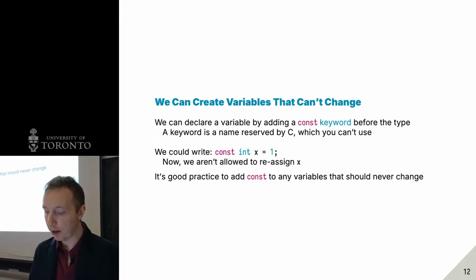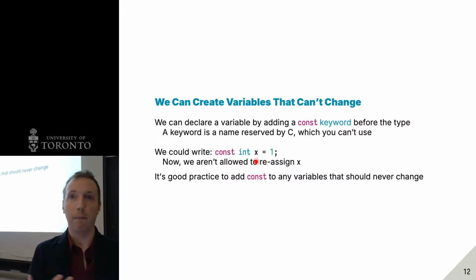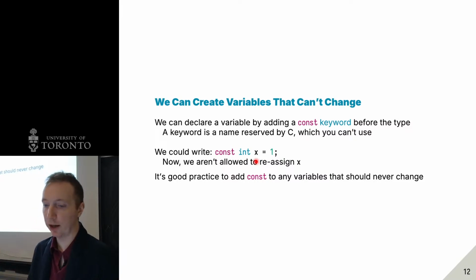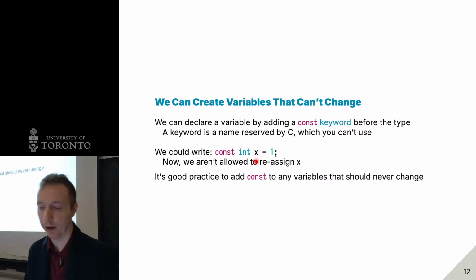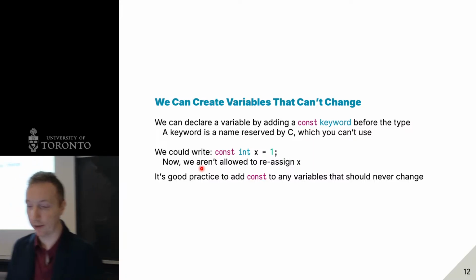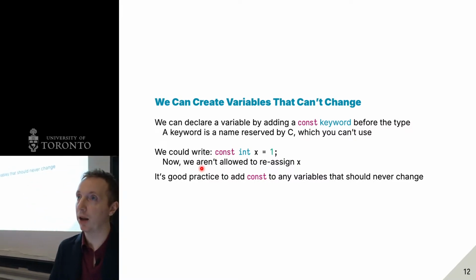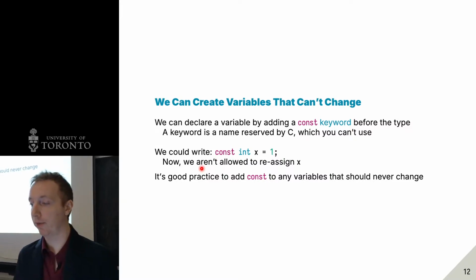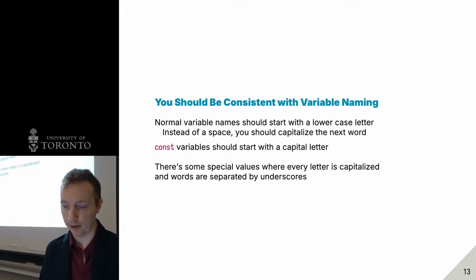If I wanted to set the value of a variable to something like 1 and make sure it'll never change, I could do something like const int x equals 1. Now, I'm not allowed to reassign x. It's usually good practice to add const to any variables that should never change, and the compiler will yell at you if you try to change a variable declared as const.